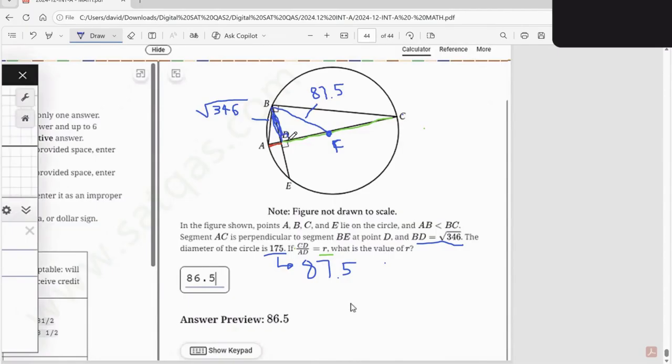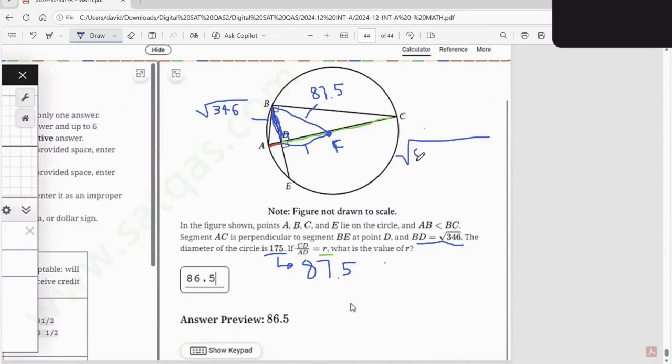We know that this is a right angle because BE and AC are perpendicular, which means we can find the length of D to F over here if we use the Pythagorean theorem.